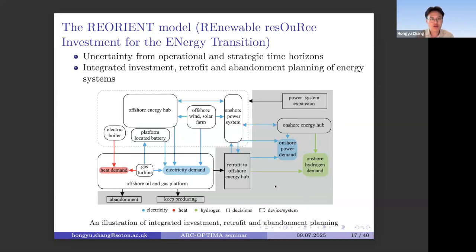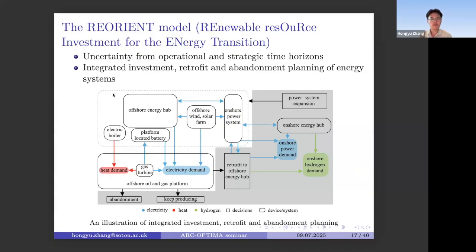Now I would like to move to the energy system model we proposed in the paper. We call it the REORIENT model, and there are some novelties of this model. First is, of course, the uncertainty from operational and long-term time horizons, and also we integrate these different types of decisions, and we modeled a fairly comprehensive energy system.